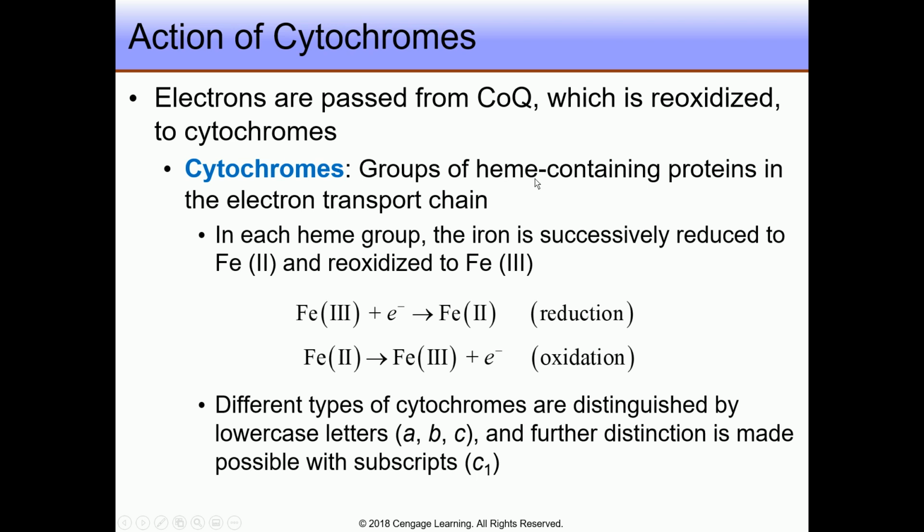And then complex number 3 and complex number 4 involve some special proteins which have iron in them. So they're called cytochromes. These have iron in them in the form of a group called heme group. Cytochromes are a group of heme containing proteins, and they have iron in them in these two ionic forms.